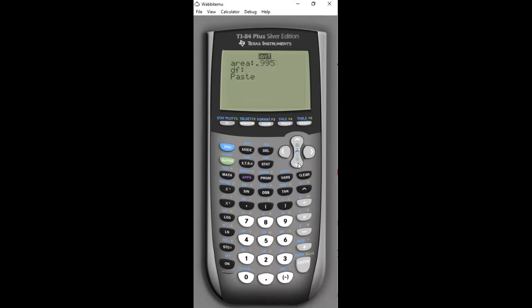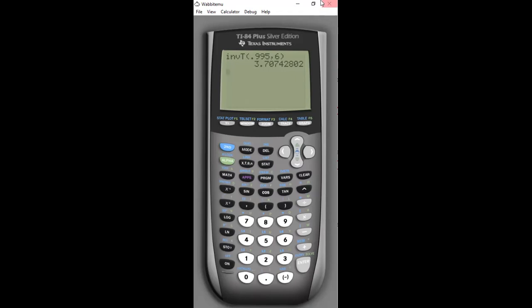The degrees of freedom, I have 7 pairs, so it's n minus 1, which is 6. Let's take a look at what we have here. It will be 3.707.